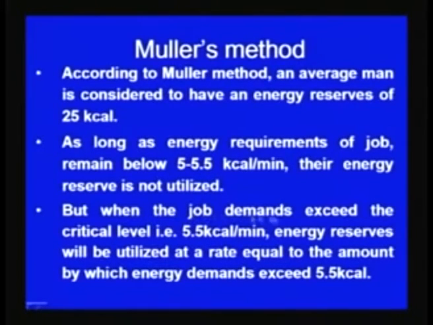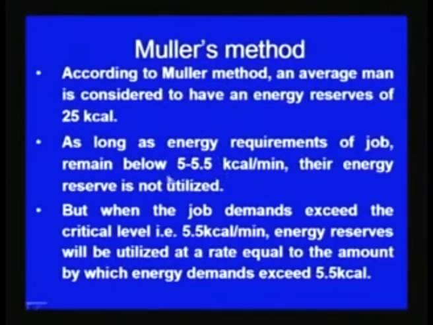When the job demands exceed the critical level, that is 5.5 kilocalorie per minute, energy reserves will be utilized at a rate equal to the amount by which energy demands exceed 5.5 kilocalorie. It means that energy reserves available to the worker are used only when the energy requirement of the work is greater than the certain critical limit, that is 5.5 kilocalorie.